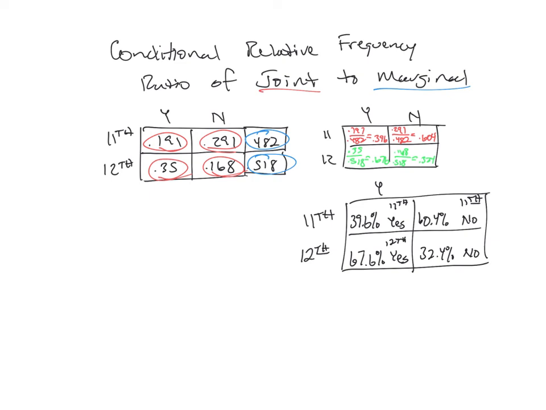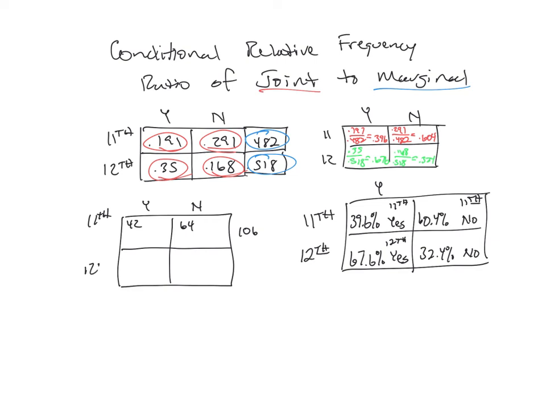If we go all the way back to the beginning, we had 42, and over here we had 106 total, and we had 64 that said no. And then for 12th, we had 77 that said yes, and we had 37 that said no, and we had 114 total.